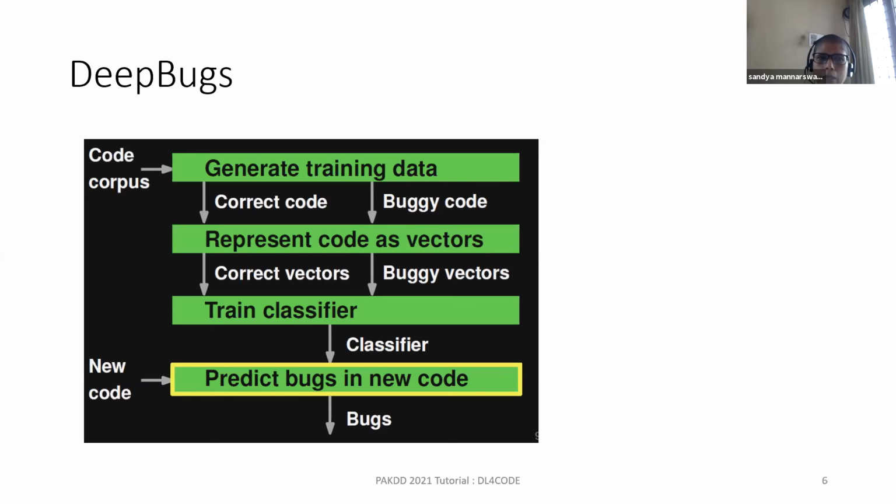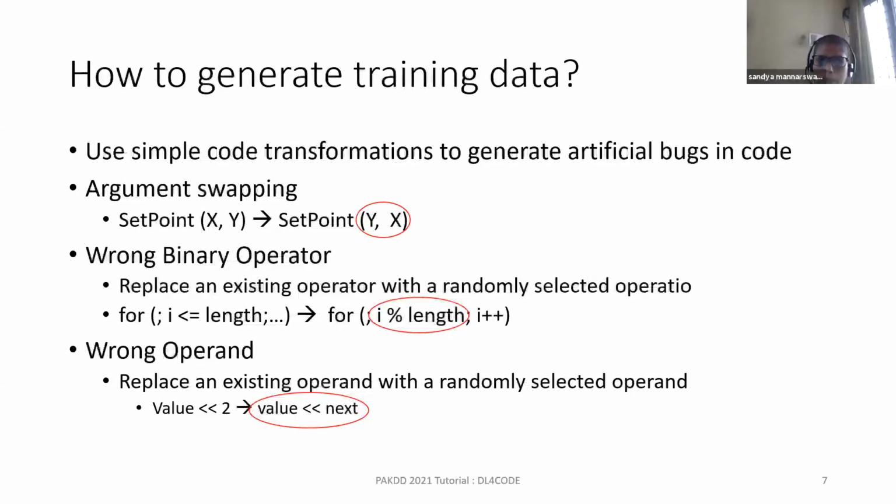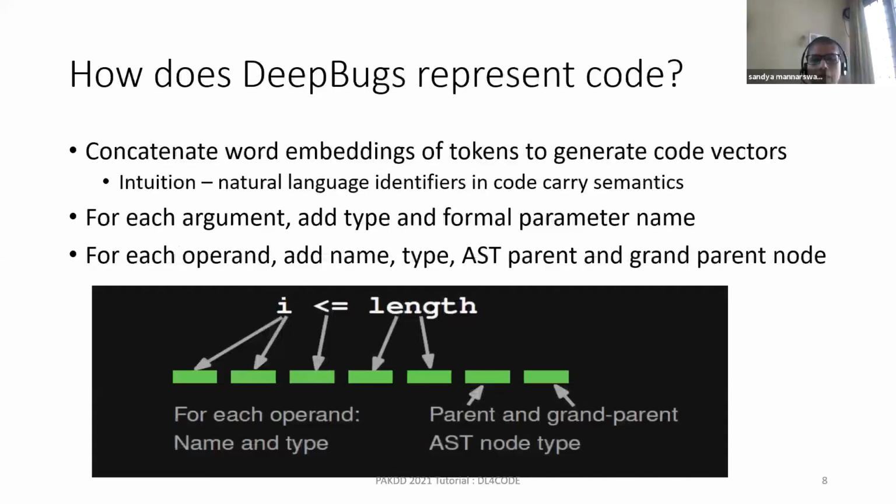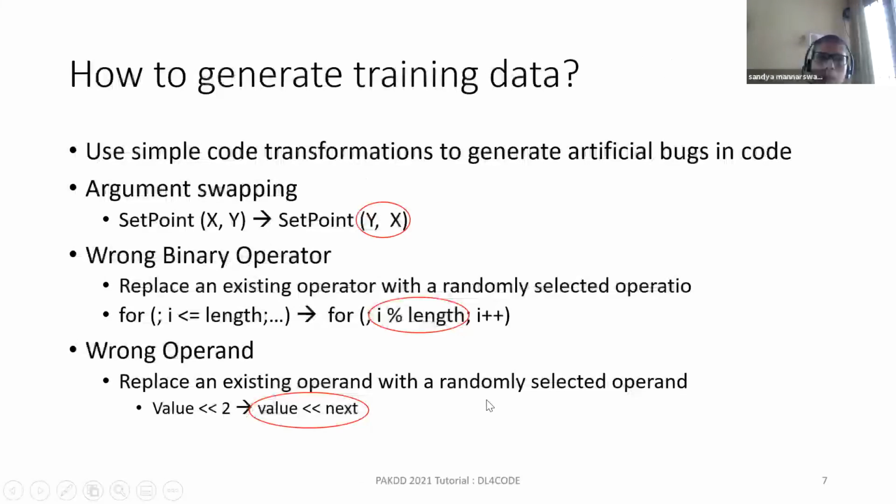And we will get into how we generate training data and so on. So we said the availability of big code, where there are a lot of publicly available code repositories such as GitHub, enables us to apply DL4Code techniques. But if you think about it, the code which is present in repositories is supposed to be correct code. So for this 2-class classification problem, the positive samples are the ones where the code is correct code, and the negative samples are the ones where the code is buggy code.